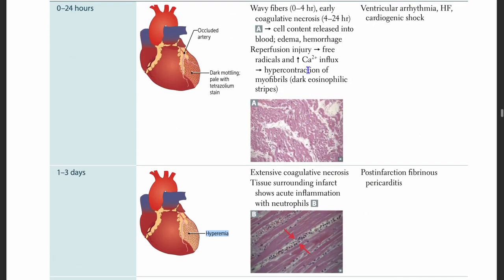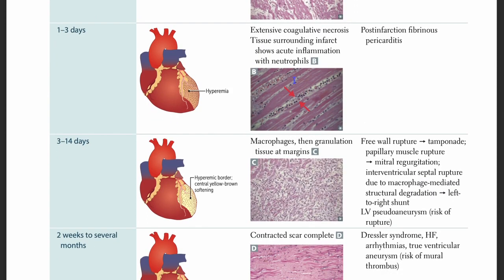Important: first, you get wavy fibers and coagulative necrosis starts, and reperfusion injury happens here, which is free radicals and an increase in calcium influx, and you have hypercontraction of myofibrils, dark eosinophilic strips, and then at 1 to 3 days you have neutrophils, and this continues.